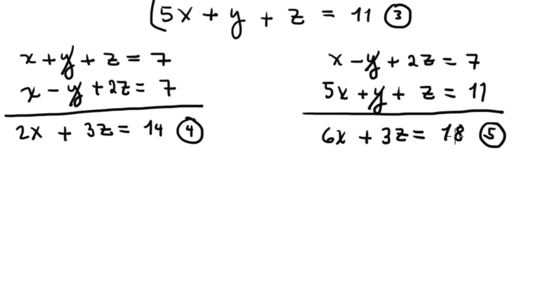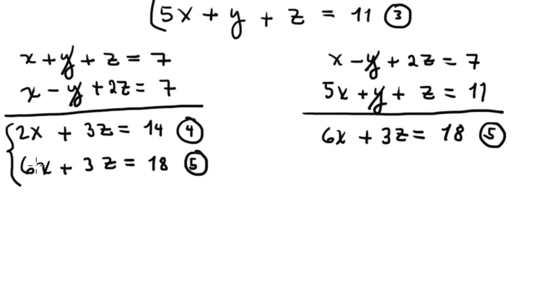Now you copy equation 5 down, so we have at this moment a new system using only 2 variables.